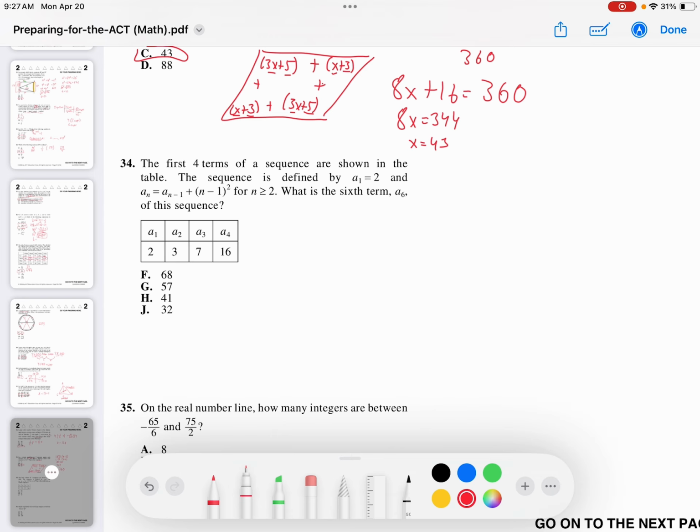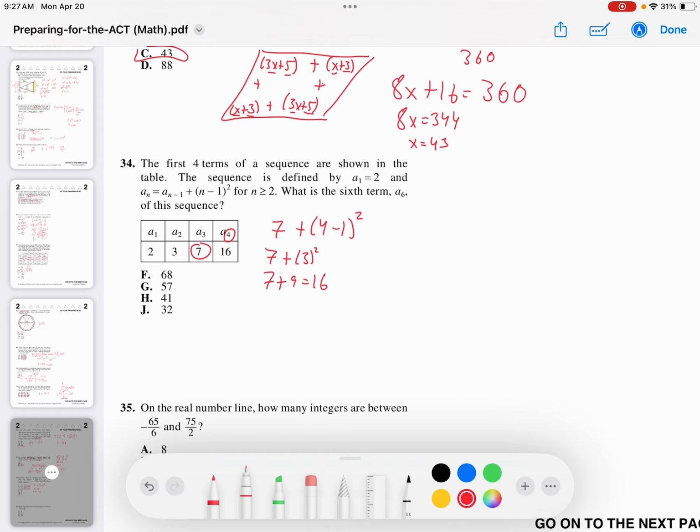So we take, let's see. For example, we got 16 by taking 7 plus 4 minus 1 squared. 7 plus 3 squared would be 7 plus 9, which was 16.